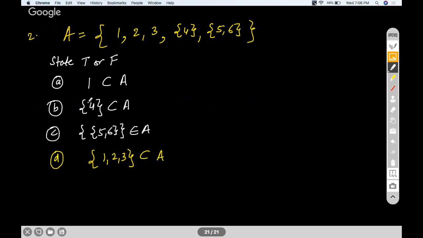Okay. When you're writing your response, write it like this: A is true, B is true, C is false, like this. Please state your response like this, okay? So that I know which statement you are writing as true or false.